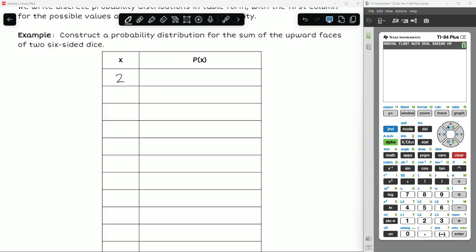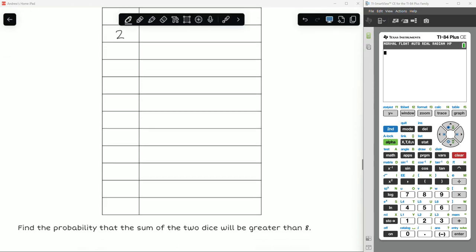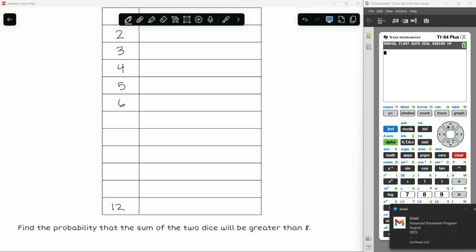That's the smallest sum I can have. The biggest sum happens when I roll a 6 and a 6, and 6 plus 6 is 12. So I know that my probability distribution function should have a row for all of the numbers between 2 and 12.